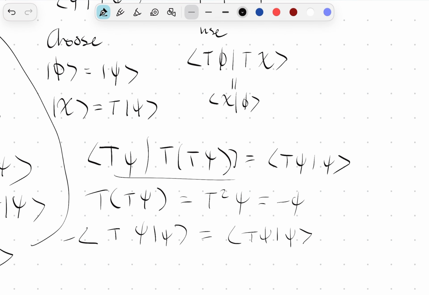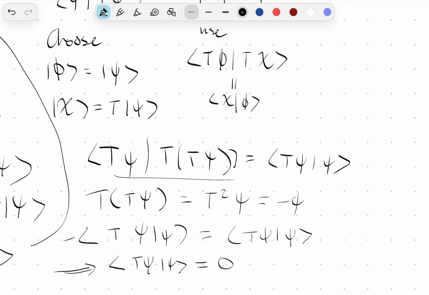And so what that leaves us with is that the only way for this to be true is that T psi must be equivalent to 0.